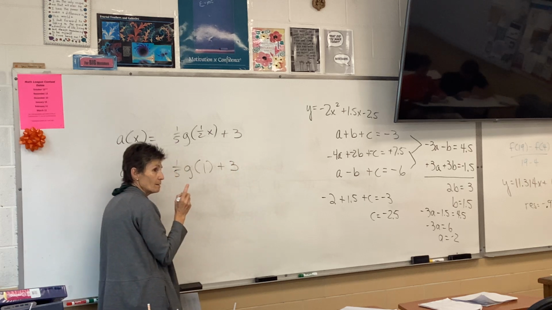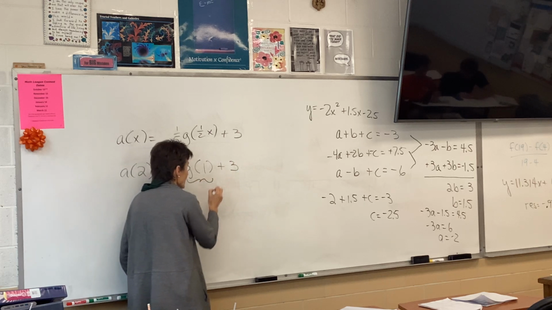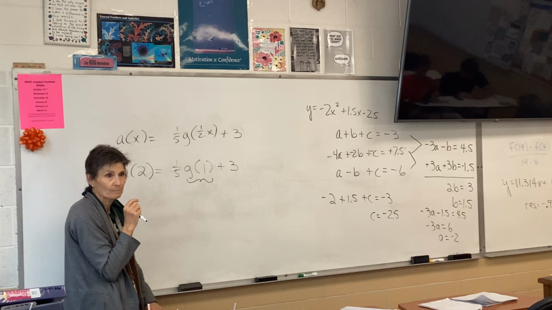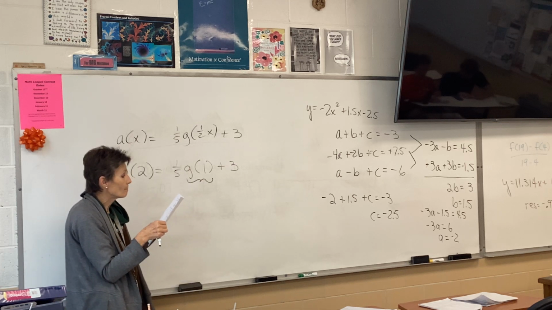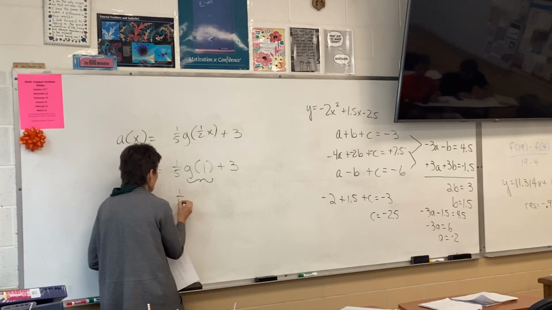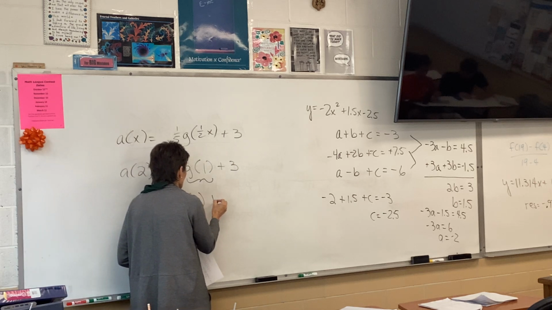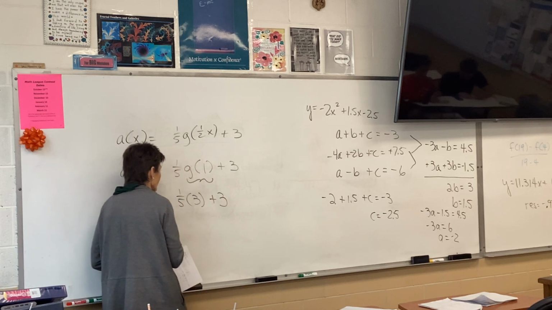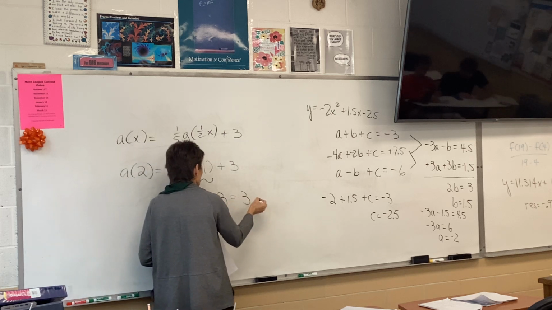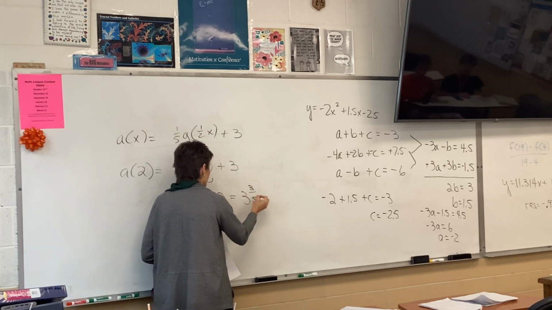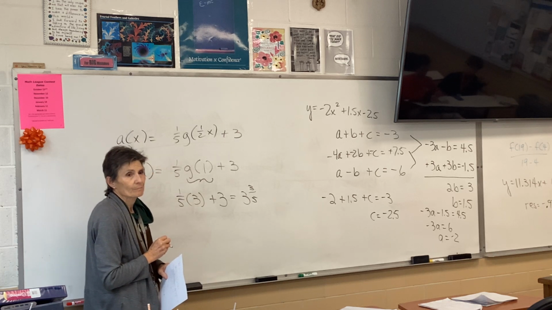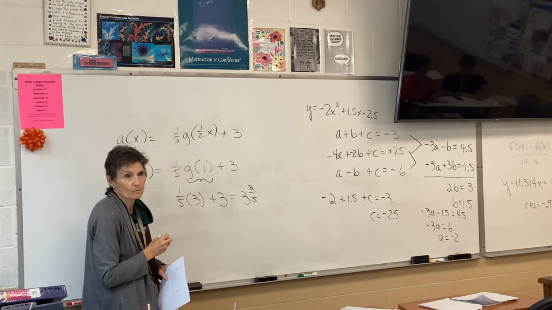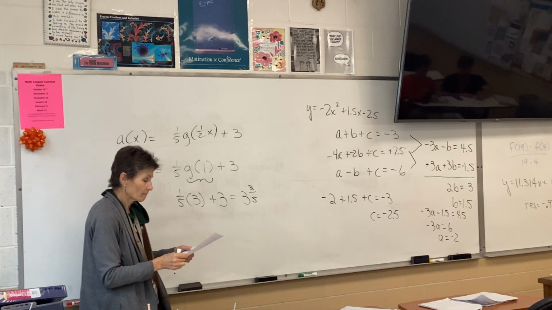And then I'm going to look at my table, because my table gives me g's. What's g of 1? 3. So 1/5 times 3 plus 3, which I think I'm just going to be lazy and say is 3 3/5, or 18/5 if you prefer the improper fraction. Okay?